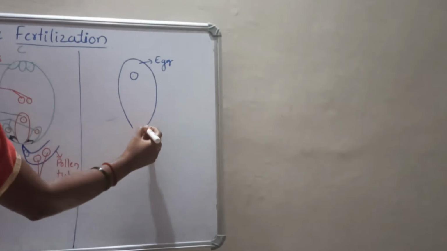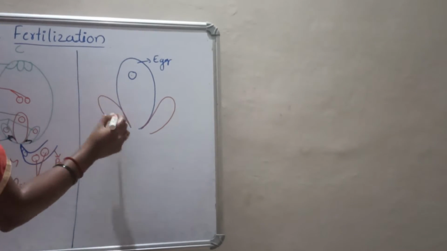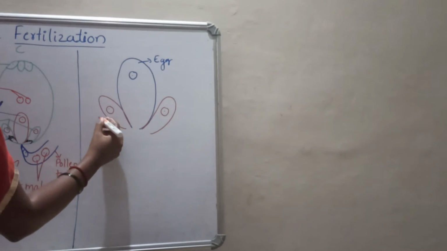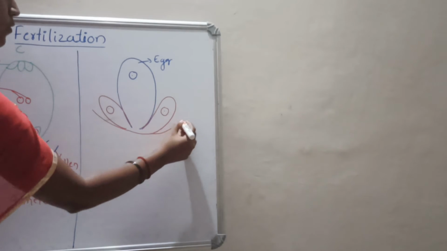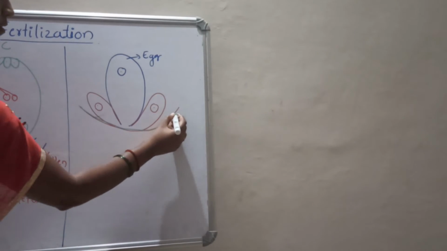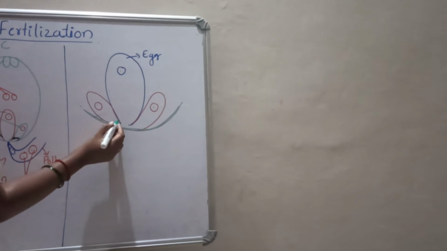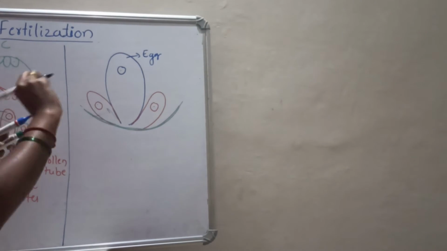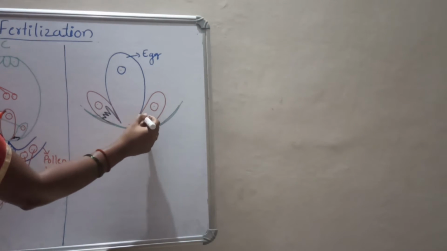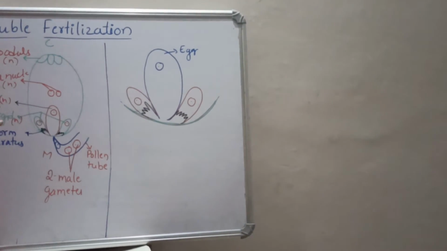The two cells present beside the egg cell are called synergid cells. Here is the wall of the ovary. And the synergid cells have the finger-like projection called the filiform apparatus.